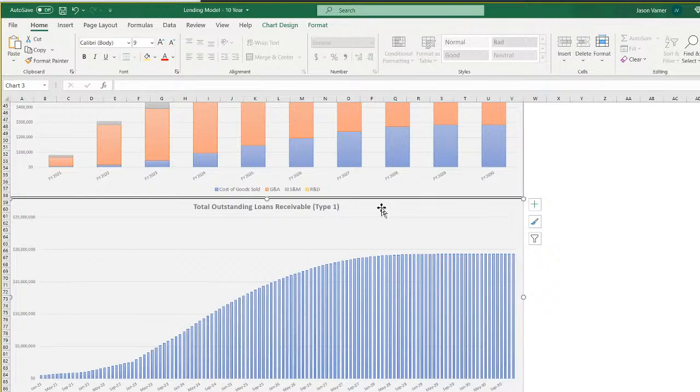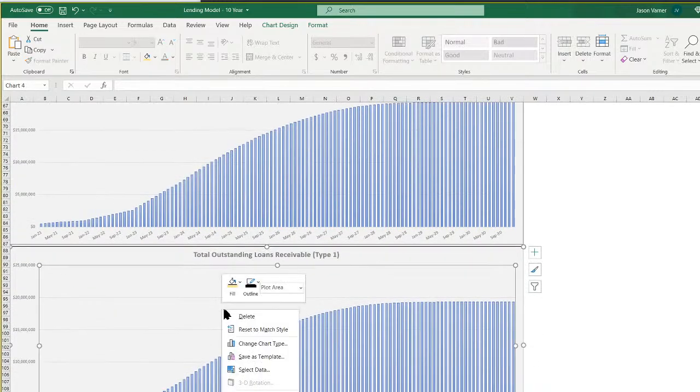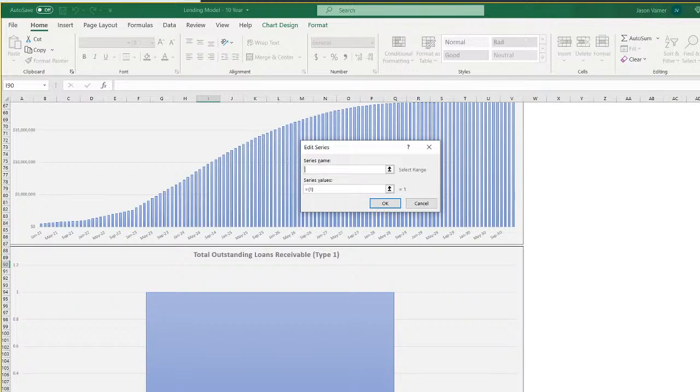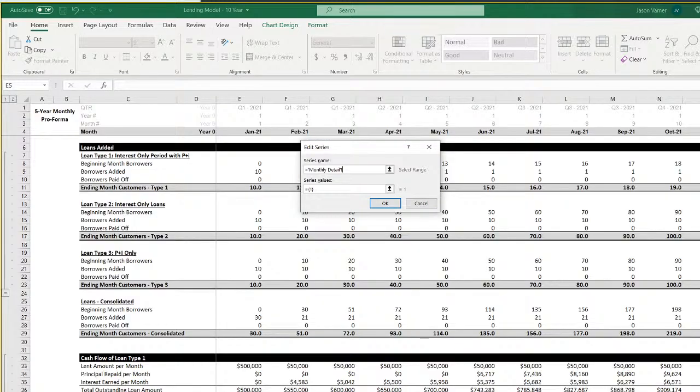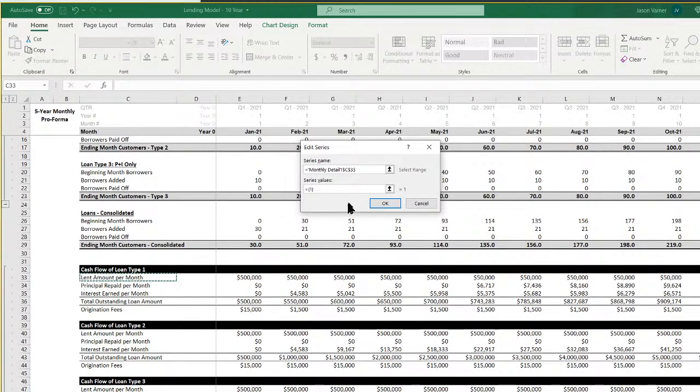Like I could put a secondary axis and say, here's the loans outstanding. Here's a line chart showing the loans, the repayments. Let's see, let's do a second one. Let's see what it looks like if we do, for type 1, lent amount versus repaid amount.